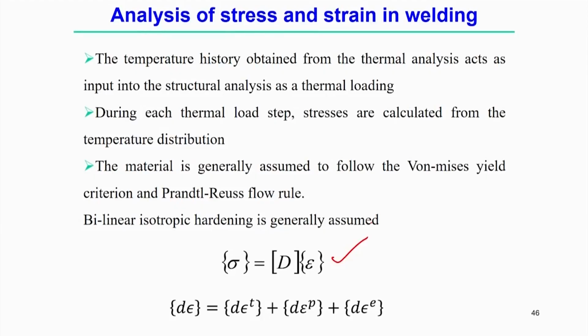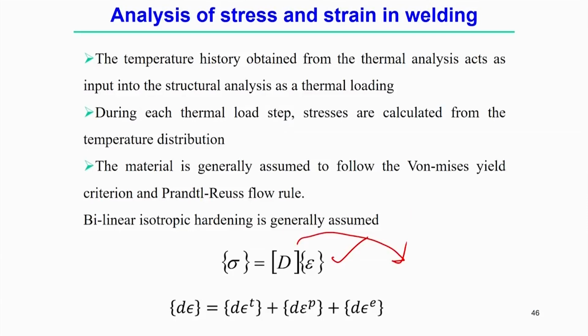Normally bilinear isotropic hardening is used, and in the final form, this is the equation between the stress and strain. All the components of the stress, sigma, and all other components are represented by strain, and D represents the material properties.